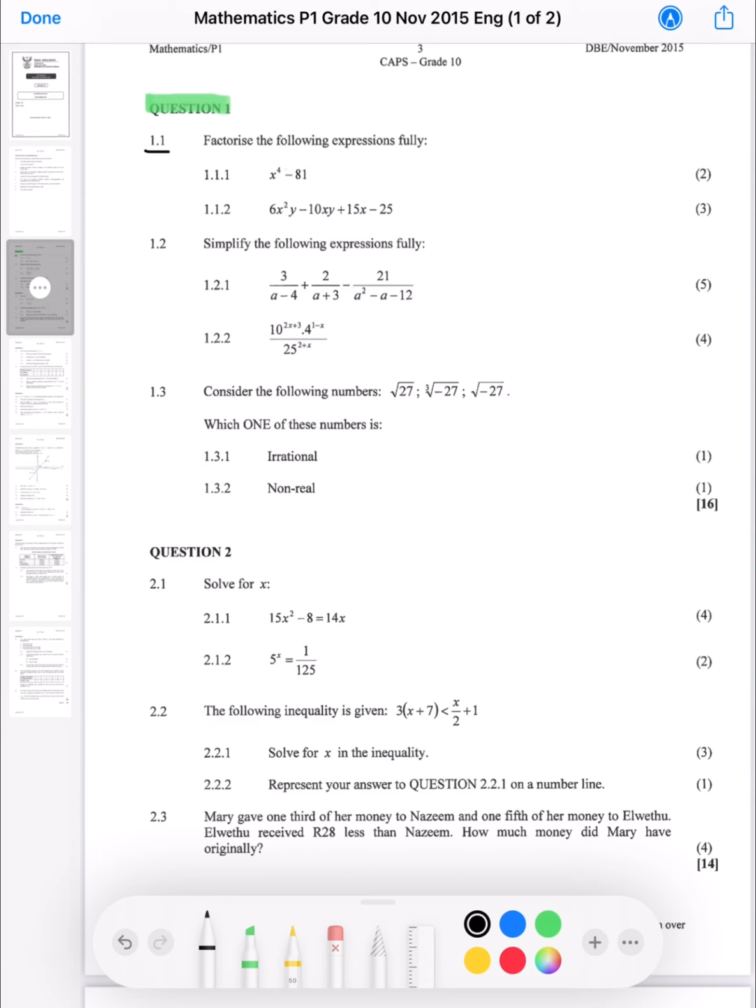So you can see over there, it says factorize the following expressions fully. You remember, guys, for those of you who attended my previous lessons, that when we talk about an expression, we talk about a math problem which does not have an equal sign.